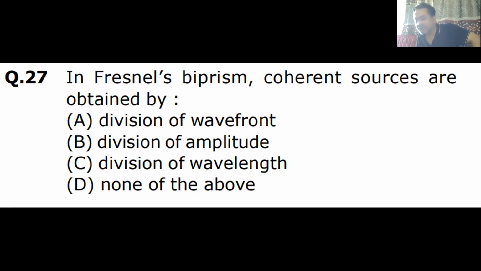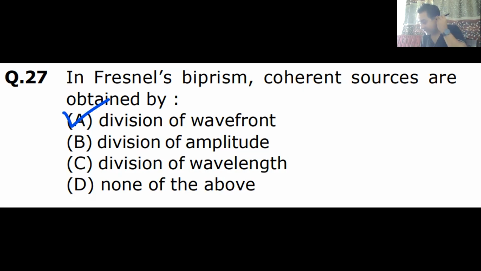Question number 27 is what we are talking about. And the answer is number 1, division of wavefront. Whether it is the original Young double slit experiment or this one, it is by the phenomena of division of wavefront.